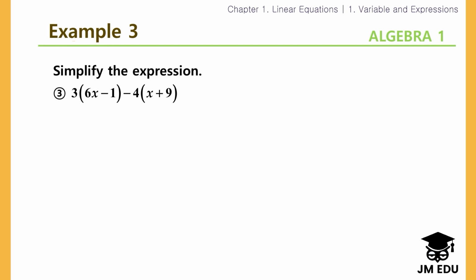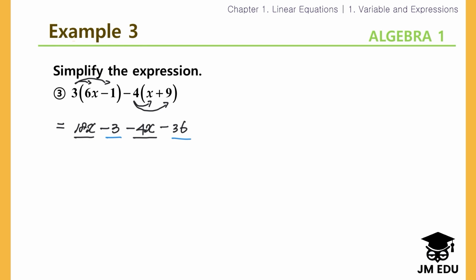Number 3. 3 is equal to 3 times 6x. That's 18x. 3 times negative 1, minus 3, right? Okay. Negative 4 times x, that's going to be minus 4x. Minus 4 times 9, that's minus 36. Here we have 2 x terms, 2 constants, right?